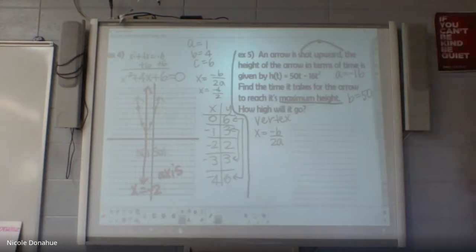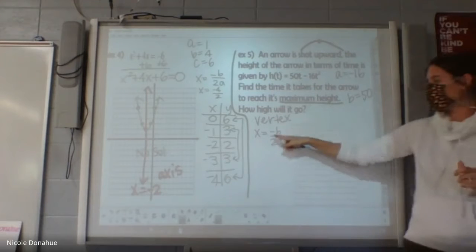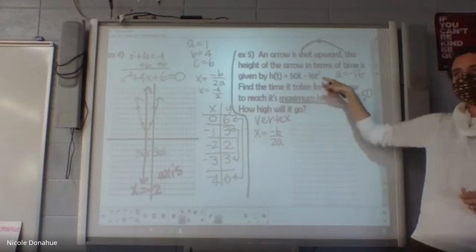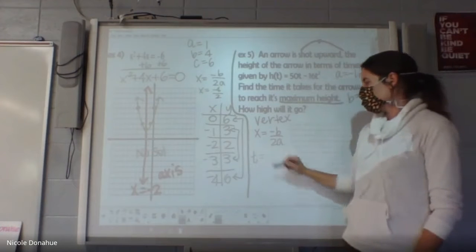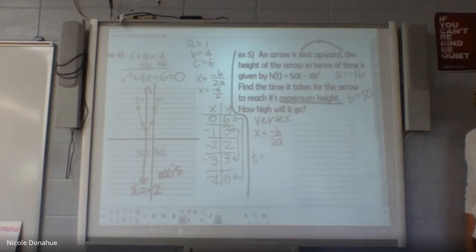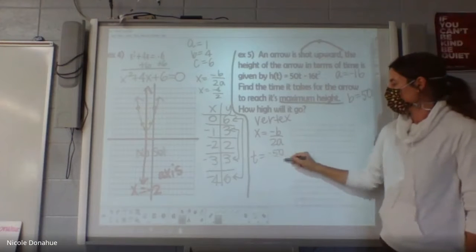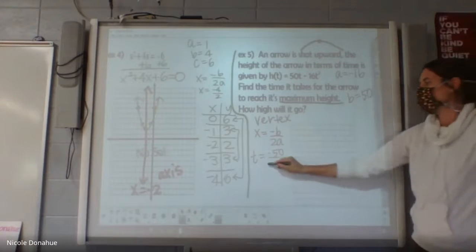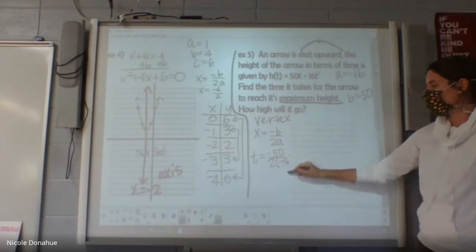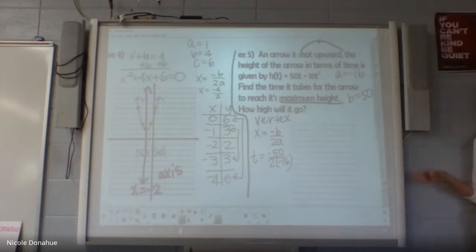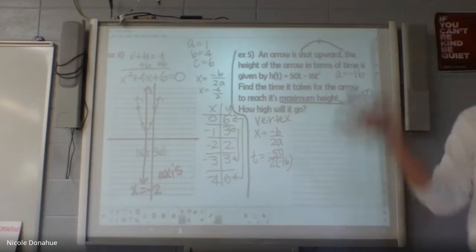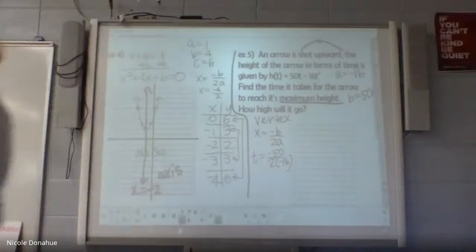Now, the vertex is x equals negative b over 2a, but rather than using x's, we're going to use t's, because t is time. So negative b is negative 50, over 2 times a, so 2 times negative 16. And the 16 is not an arbitrary number. That's actually the force of gravity pushing it back down to the ground.